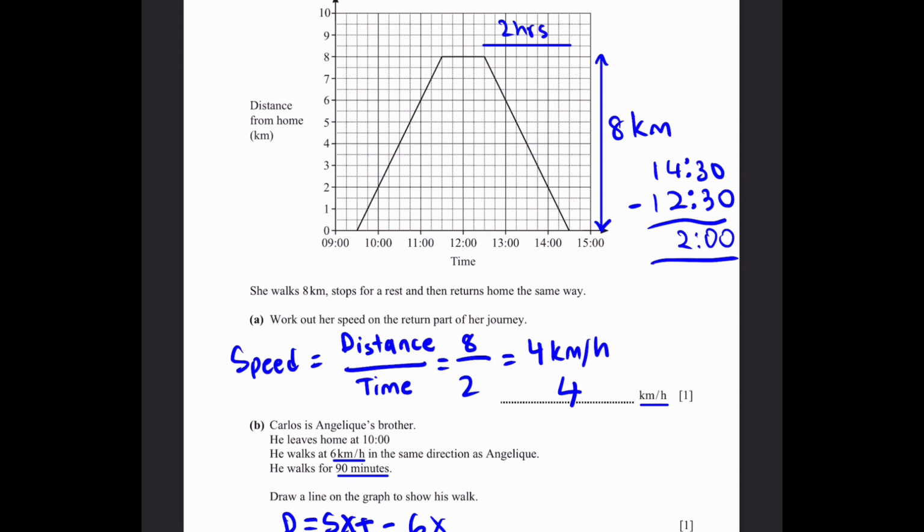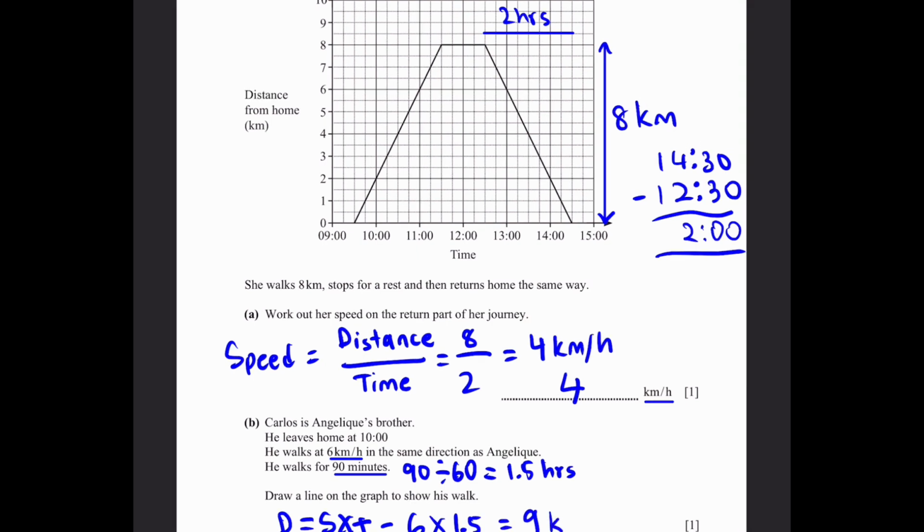So when you convert 90 minutes to hours, it'll be 90 divided by 60, which is 1.5 hours. So 6 into 1.5 is equal to 9 kilometers. So he walked 9 kilometers.